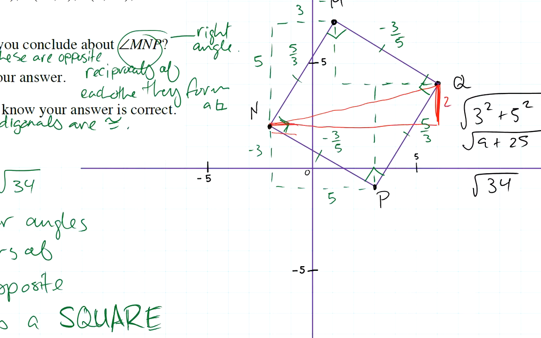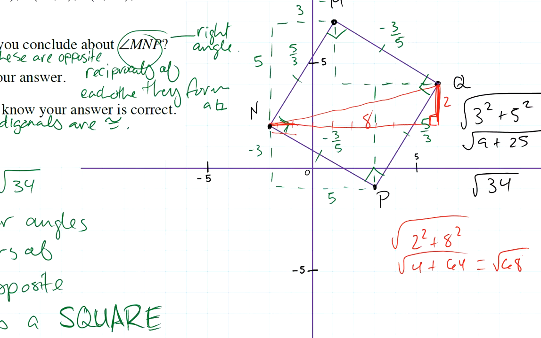So I've got 2, and I've got 1, 2, 3, 4, 5, 6, 7, 8. I've got 2 and an 8. So that diagonal, again, I've made a small right triangle here. The diagonal from N to Q is 2 squared plus 8 squared, which is 4 plus 64. The diagonal is the square root of those, so the diagonal is the square root of 68.